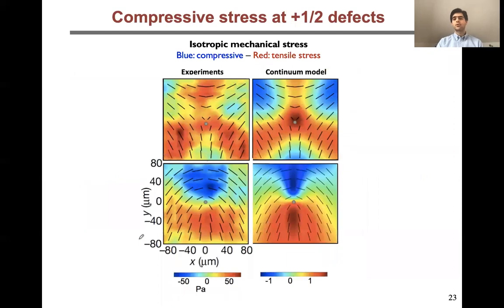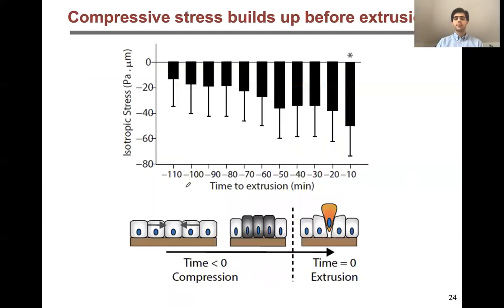If you measure the isotropic stress, which means how much tension or compression there is, one can clearly see that at the head portion of +half defects, there is this wide blue region of negative stress. It means that there's high compression that essentially pushes the cells out. You can see in the experiments that before the extrusion, this negative stress builds up.